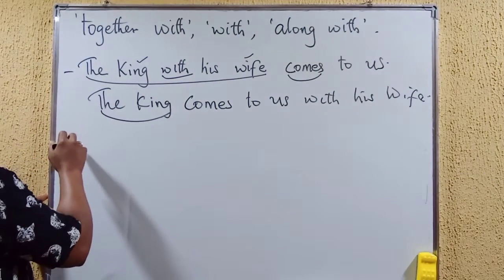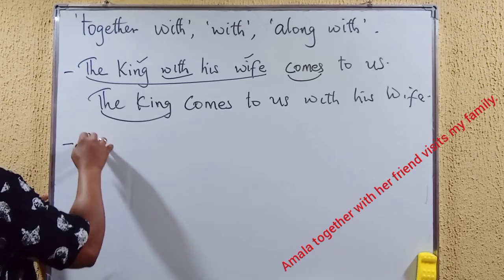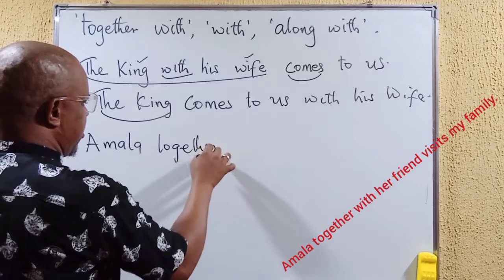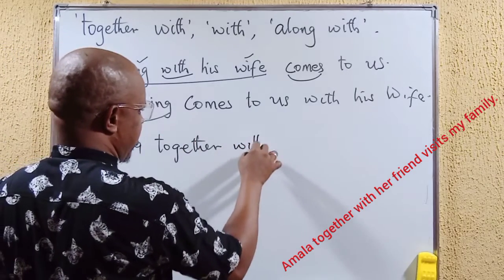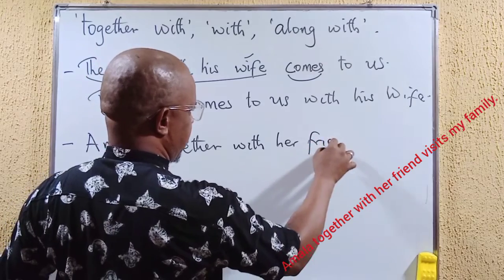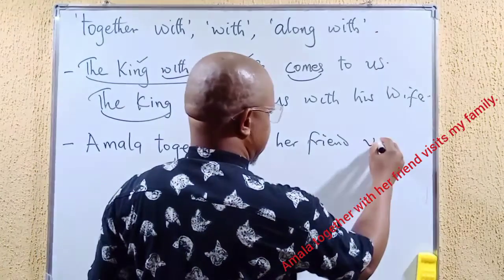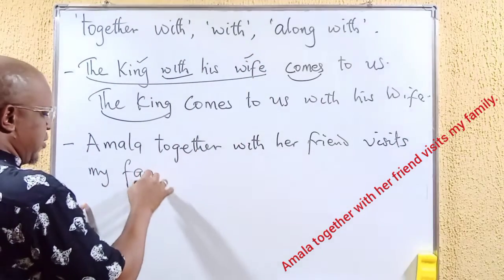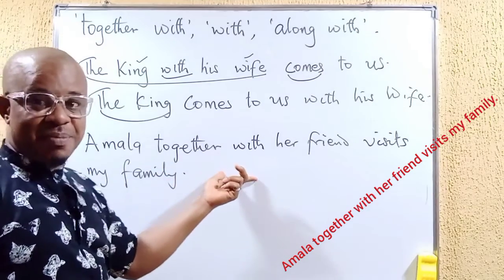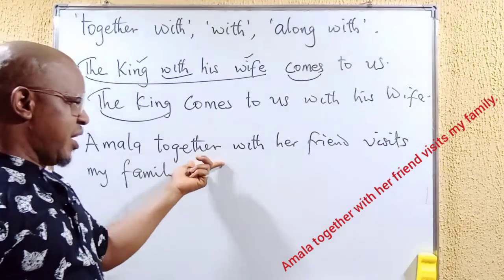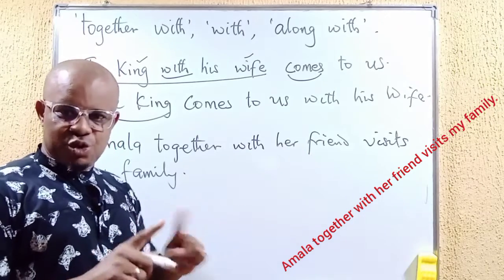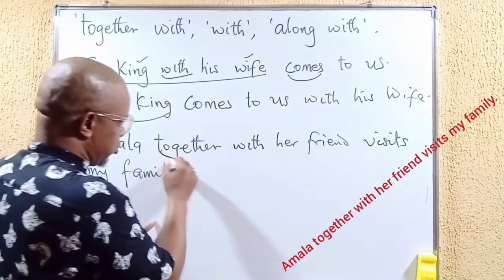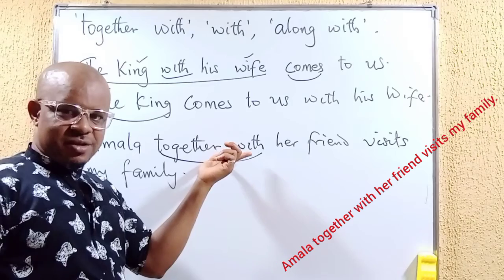Number two, one could say, Amala, together with her friend, visits my family. Now look at this. We have the same thing here. Amala, together with her friend. Two people, Amala and her friend. But because we've used together with, all right?